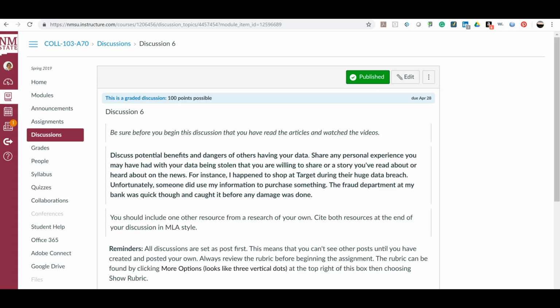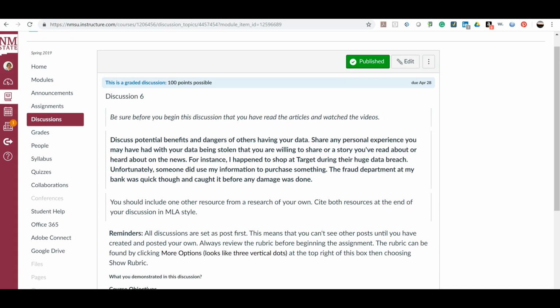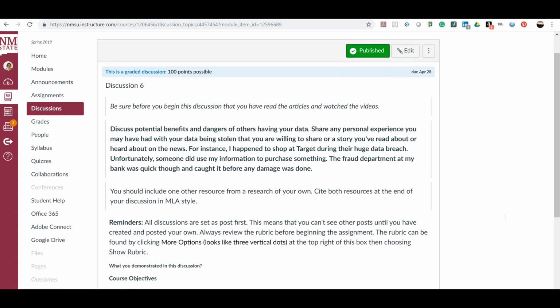My bank was very good about notifying me very quickly, and we stopped it before I actually had any loss and before I had to go through a lot of what I have heard other people have to go through to try to get it straightened out. Usually you can get it straightened out, but it takes a long time.